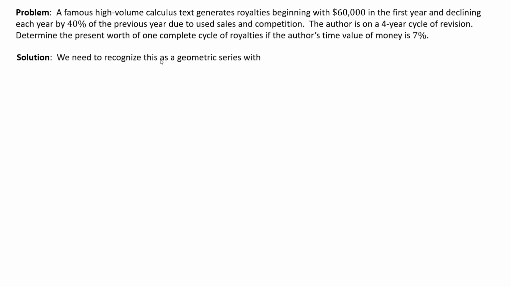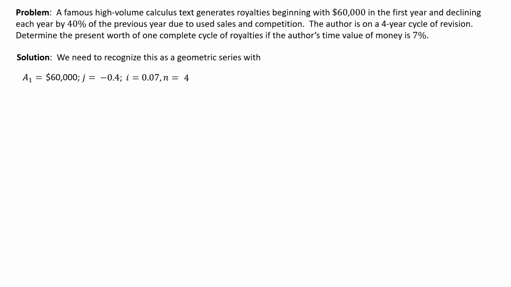So this is a geometric series with a1 equal to 60,000. j is coming down by 40%, so negative 0.4. i, the interest rate, is 7% per annum, which is 0.07. The cycle has how many years? It's a 4-year cycle of revision. So n equals 4.